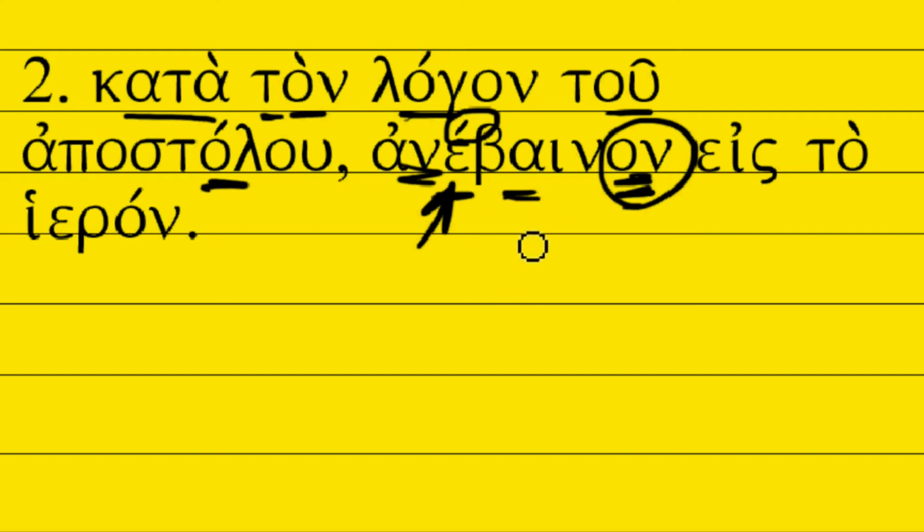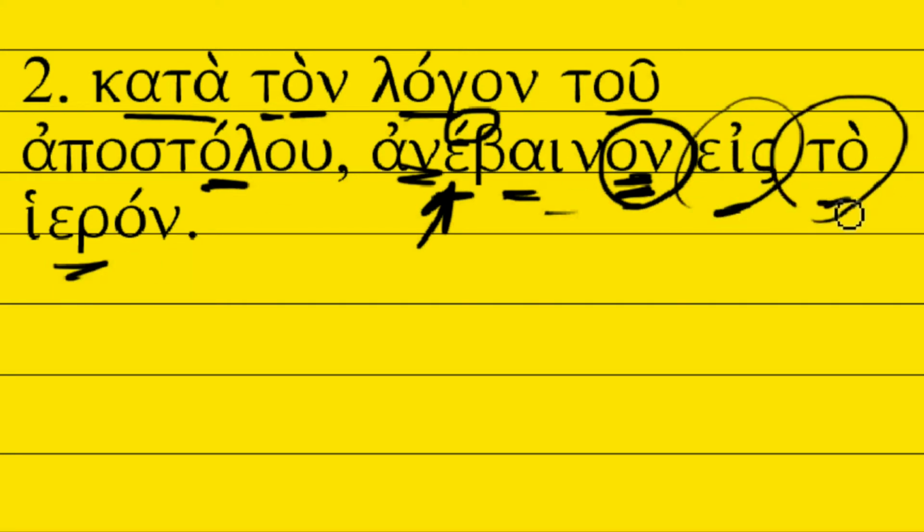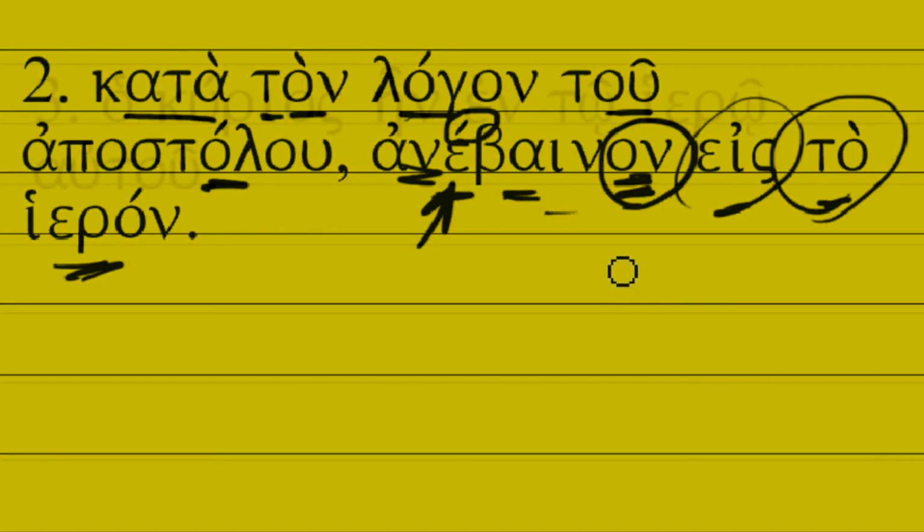They were going up. There's no named subject in this sentence, so we're just going to leave it with that rather indefinite personal pronoun they. So according to the word of the apostle, they were going up, eis to hieron, into, with the accusative, neuter noun, hieron, into the temple.